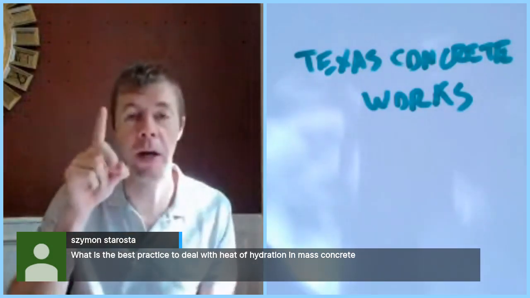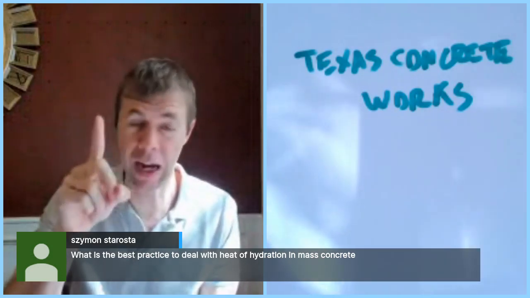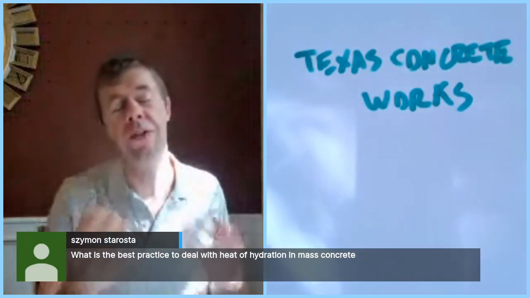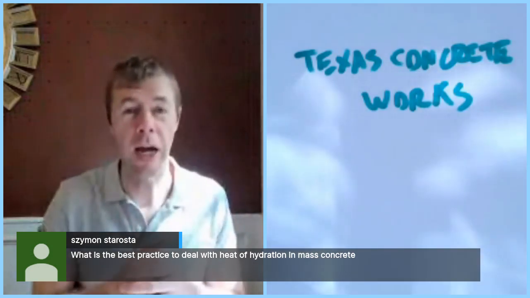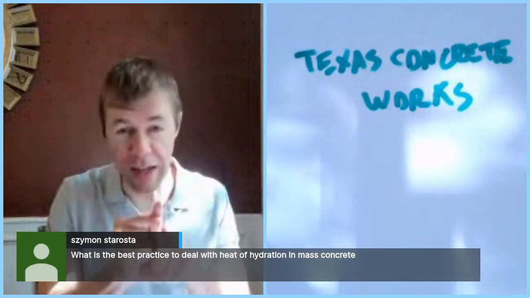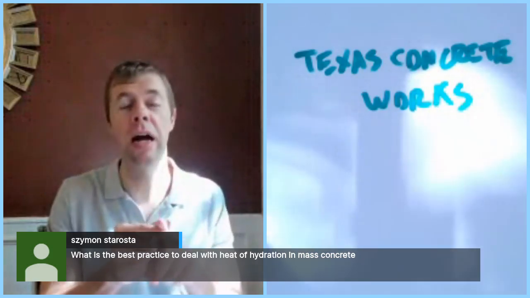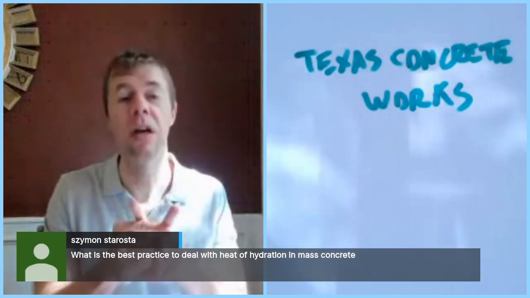But I would first design my concrete mixture with as little paste as I could and with certain binder types. There's lots of class F fly ashes that have a lot less reaction, heat of hydration, and a lot of slags as well.